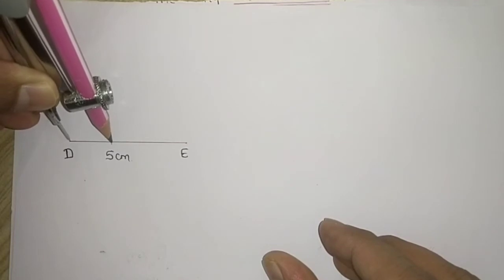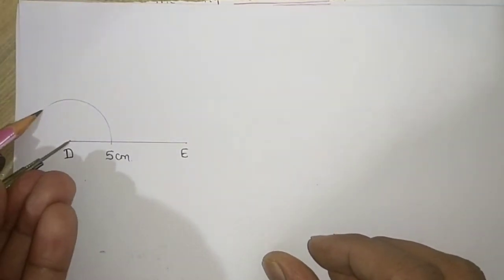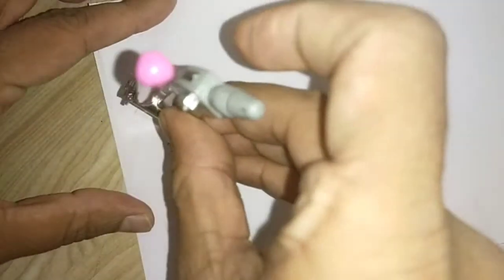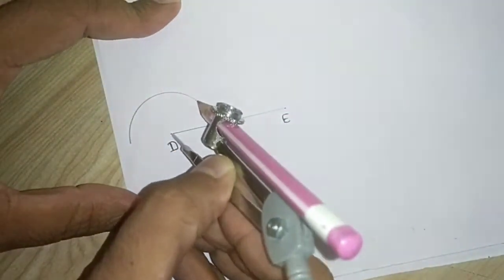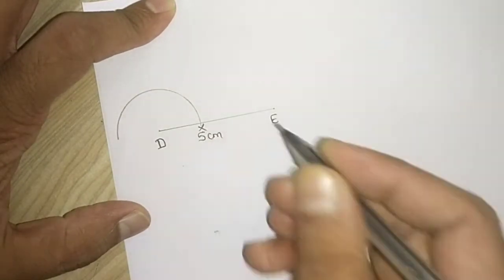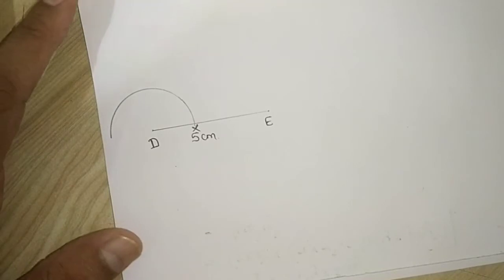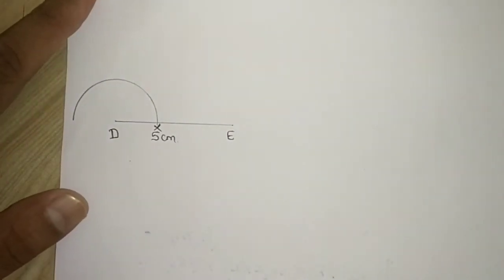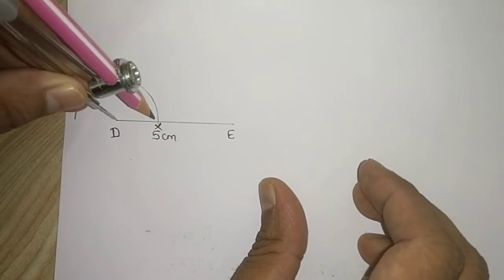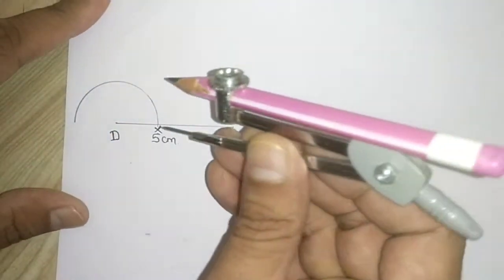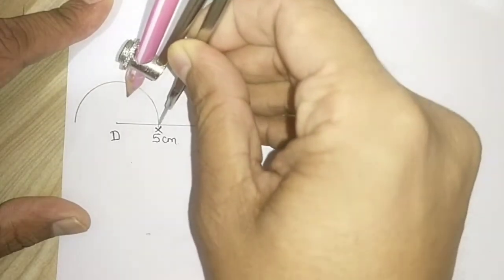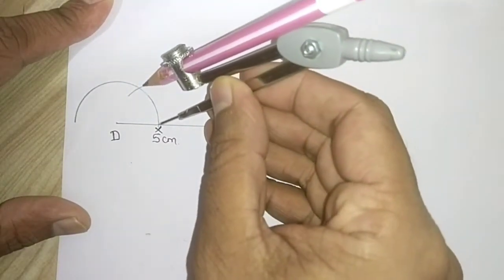For that purpose, I will make one semicircle, placing the needle on D. Construct a semicircle which cuts DE at, you can say anything, at X. Now taking the same measurement which we have opened, while placing on D, the same measurement we are supposed to put the needle on X, this point of intersection of DE, and cut one arc. Name it as Y.